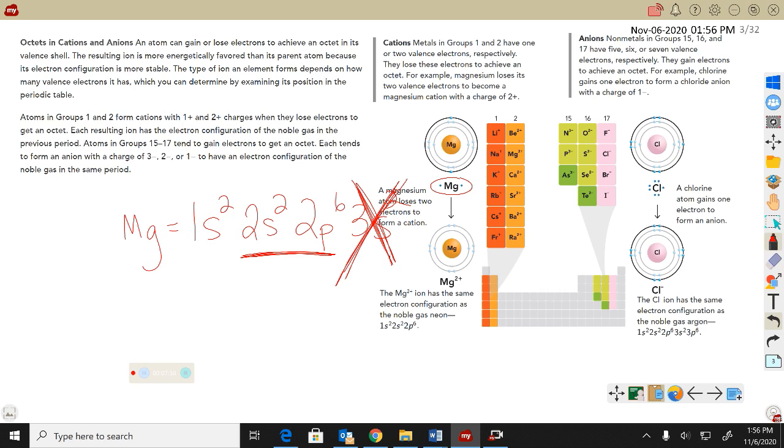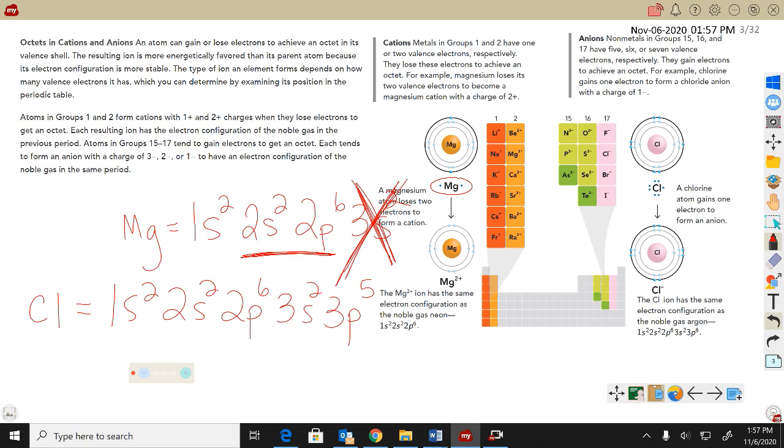Now on the opposite side of the periodic table, once you get over to the nitrogen family, oxygen family, fluorine, the halogens, now we're talking about atoms that already have 5, 6, 7 valence electrons. If I think about a chlorine atom, chlorine would be 1s2, 2s2, 2p6, 3s2, and then 3p5.